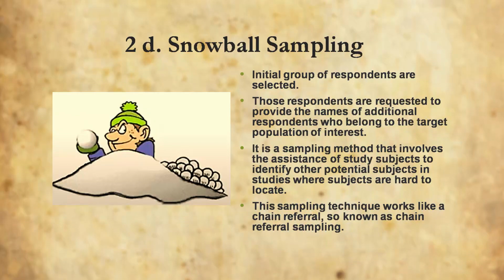The last, but important, type of non-probability sampling is snowball sampling. Here, the initial group of respondents is selected. As the name suggests, snowball, we start with an individual and then we move on with the contacts from that particular respondent.